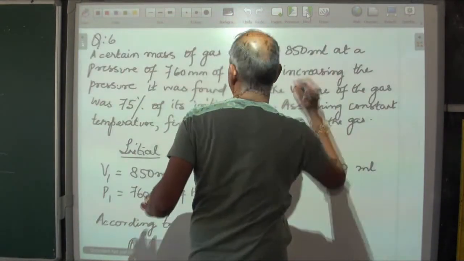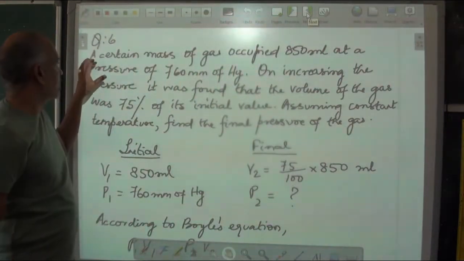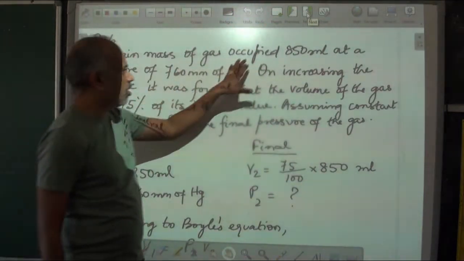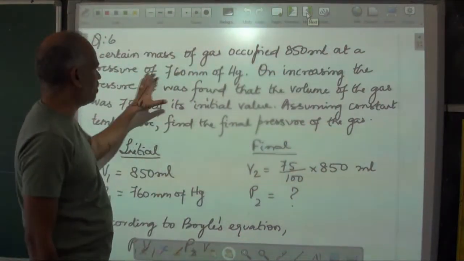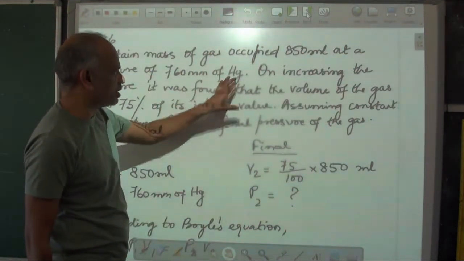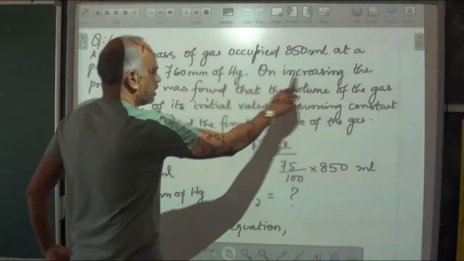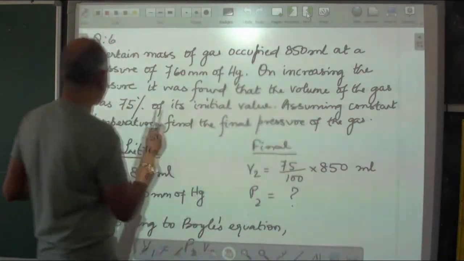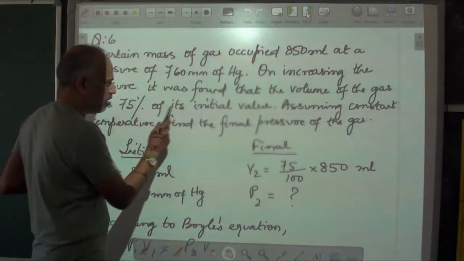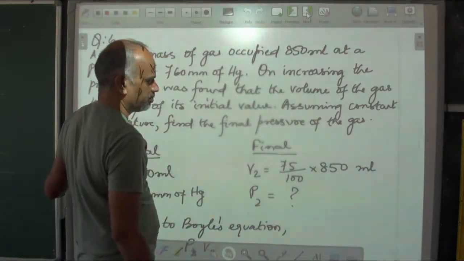Next, a certain mass of gas occupied 850 ml at a pressure of 760 millimeters of mercury. On increasing the pressure, it was found that the volume of the gas was 75% of its initial value.